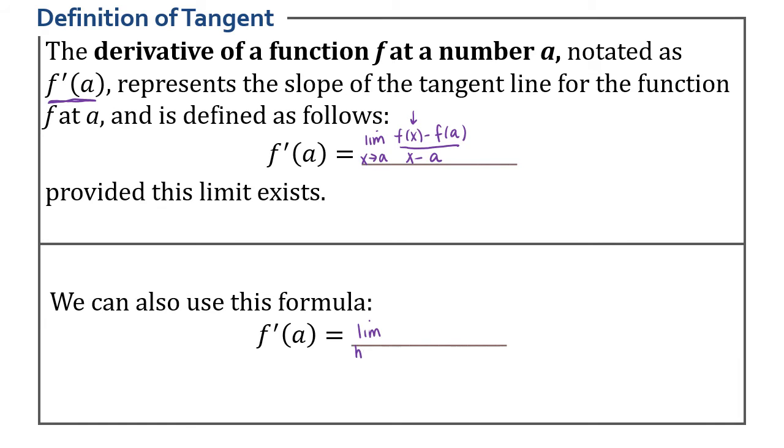So we can formally define that by saying the limit as h approaches 0 of f of a plus h minus f of a all over h. The reason it's over h is because normally it would be over the x values, so we'd have a plus h minus a. This x value minus this x value would be in the denominator. Those cancel out, and that's why we're just left with h in the denominator.